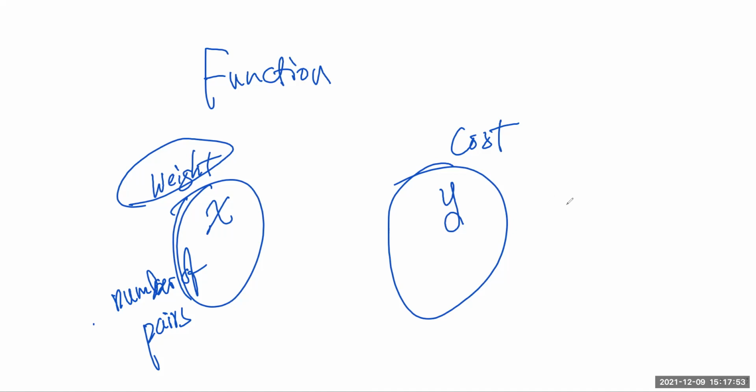Also, we can use functions, especially the XY coordinate, to describe something more interesting or more complicated. For example, the temperature during the day.